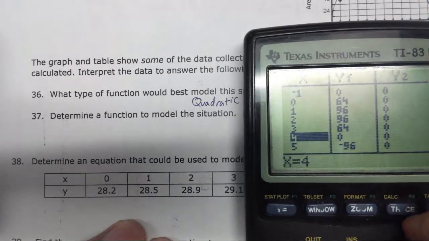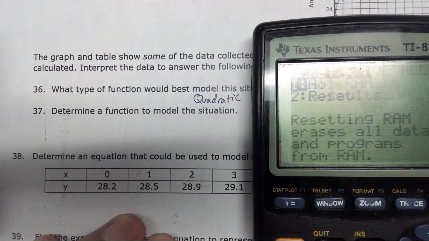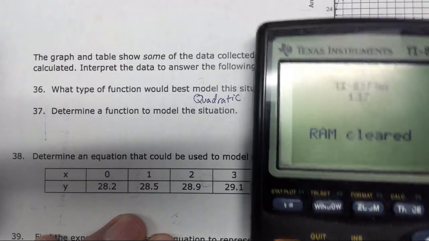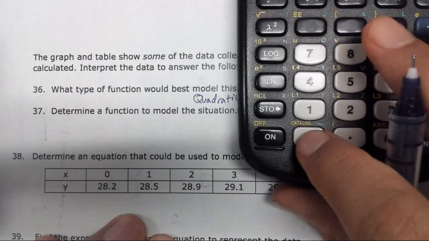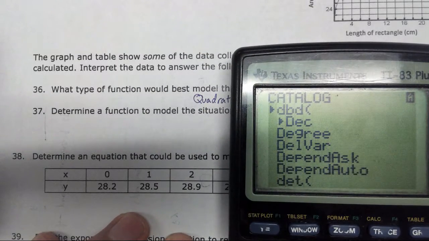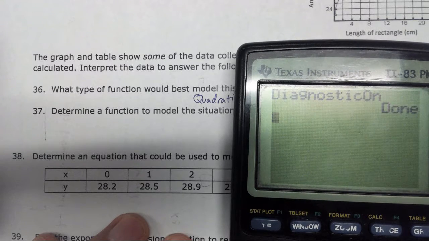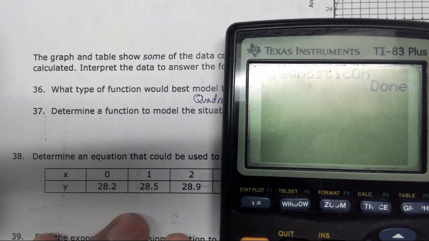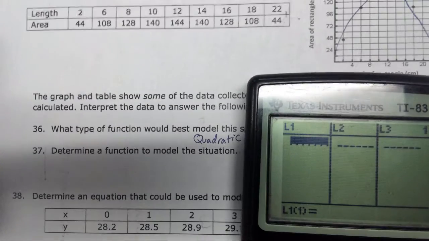So you get the calculator. Do second plus 7, 1, 2. And this is how you go. You go second, 0 to get to the catalog. Then you scroll down until you find diagnostics and turn them on. Then go to stat and enter your data given to you.